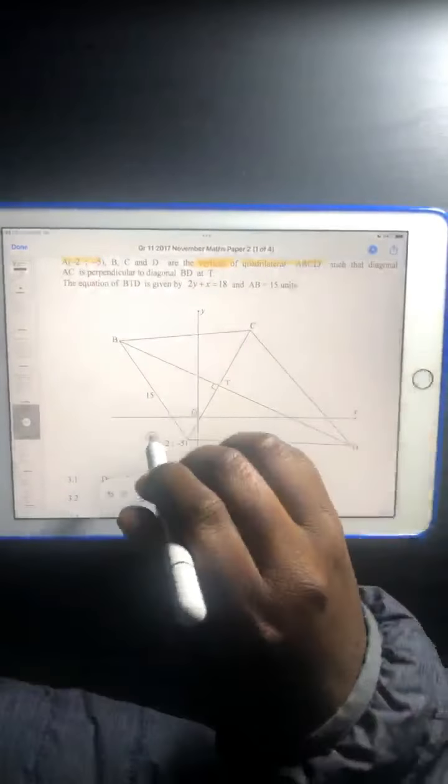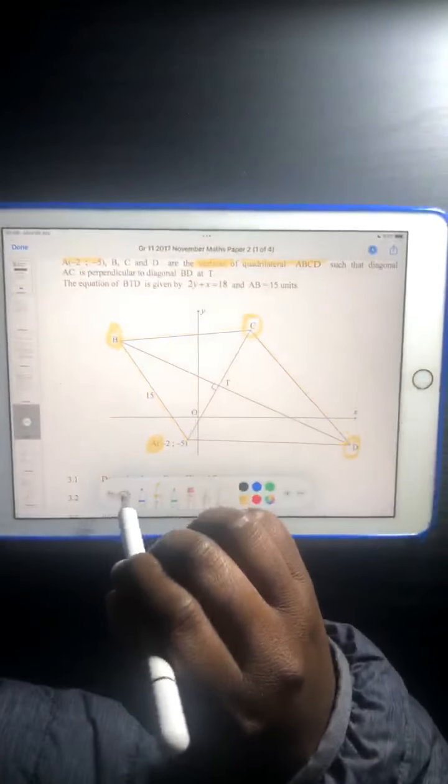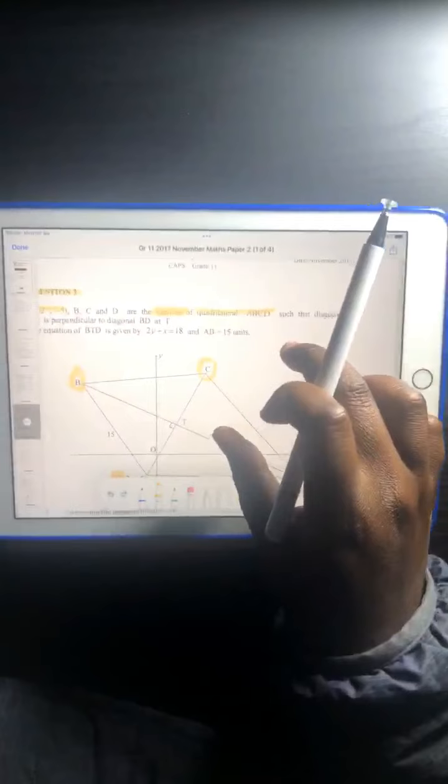So of quadrilateral ABCD, okay, there is A, there is B, there is C, there is D. Can you see? 1 side, 2 sides, 3 sides, 4 sides. That's a quadrilateral. Very, very important, ladies and gentlemen.